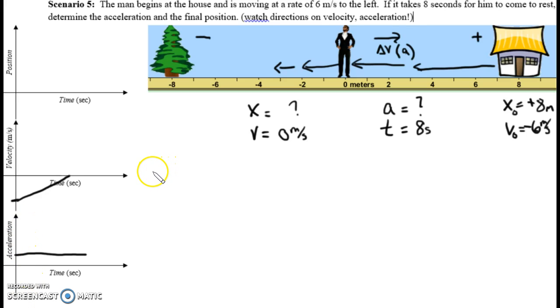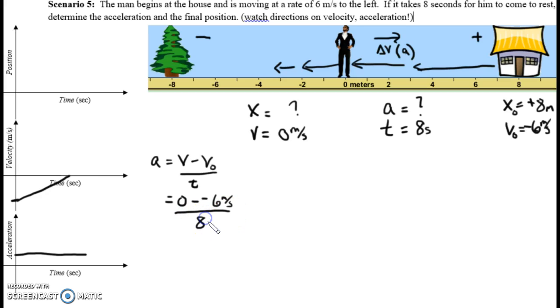So we don't know our acceleration, but we do know mathematically our acceleration is our change in velocity divided by our change in time. Okay, so we can write it like this, or we can write it using the motion equation that we have on our expression sheet. So here we know our final velocity is 0. Our initial velocity is a negative 6 meters per second. Don't forget the subtraction in here. It's going to be important.